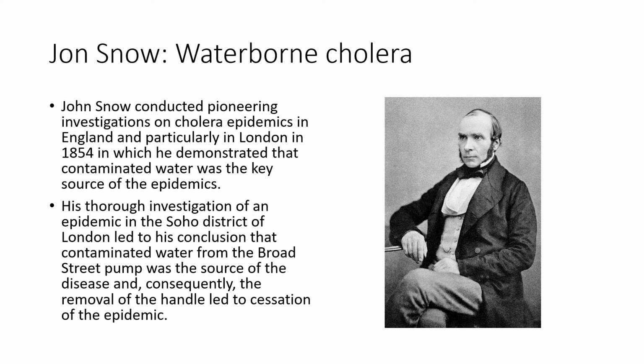Through his studies, they found that people who got water from the River Thames when it was closer to the city, where it was more contaminated, tended to fall sick quicker, versus when it was further away from the city, fewer people fell sick when they collected water from those sources.